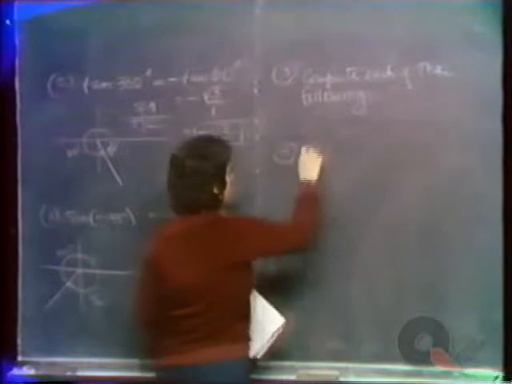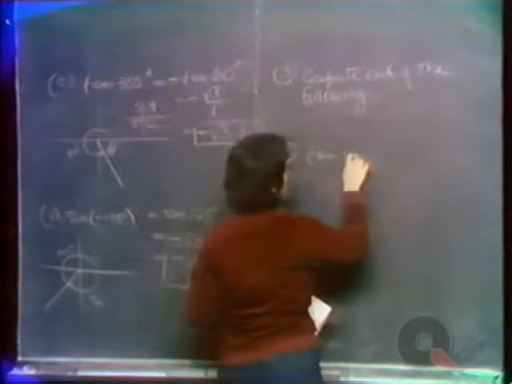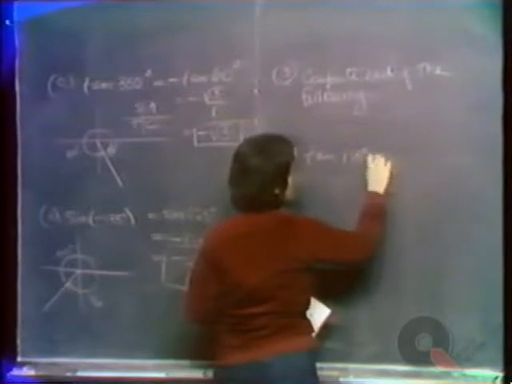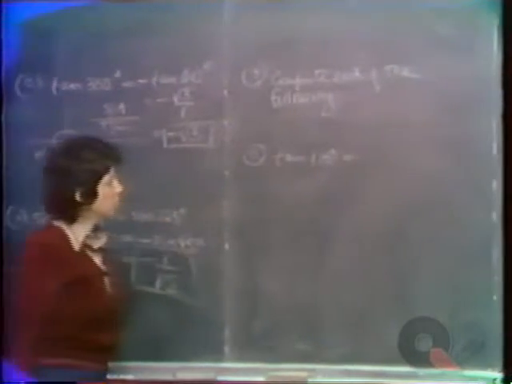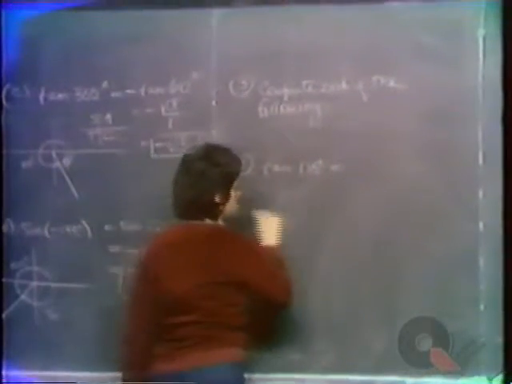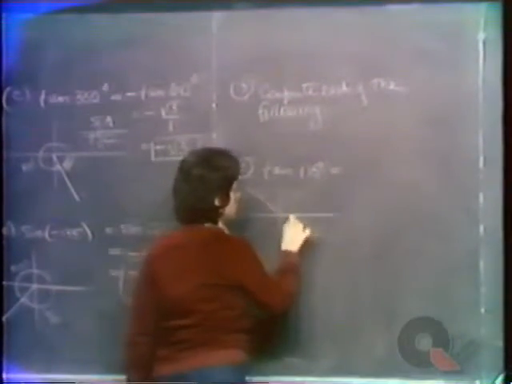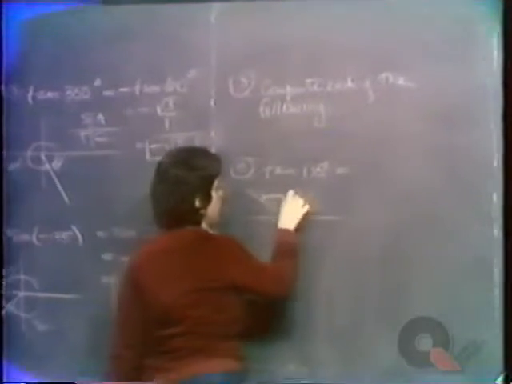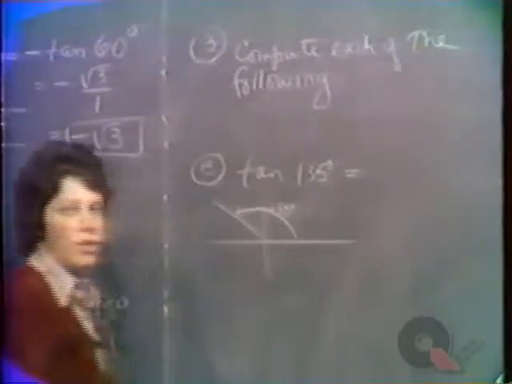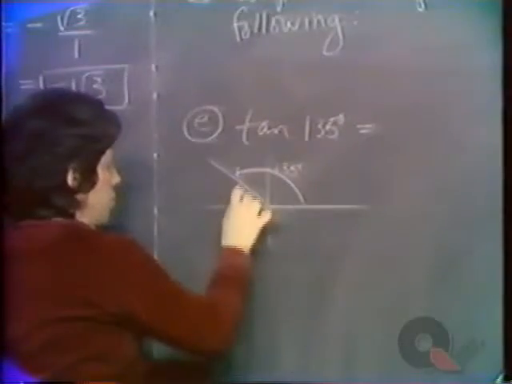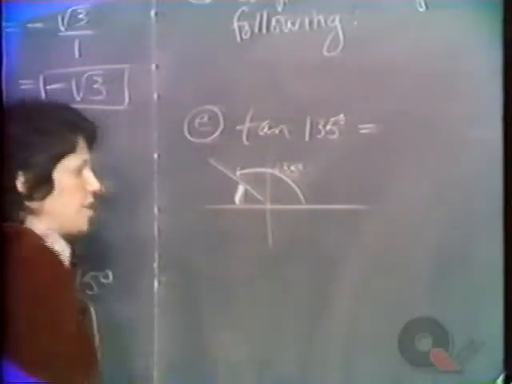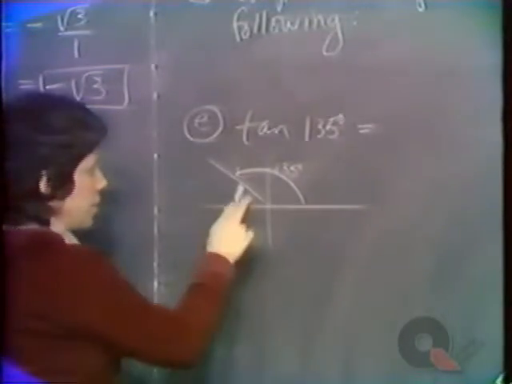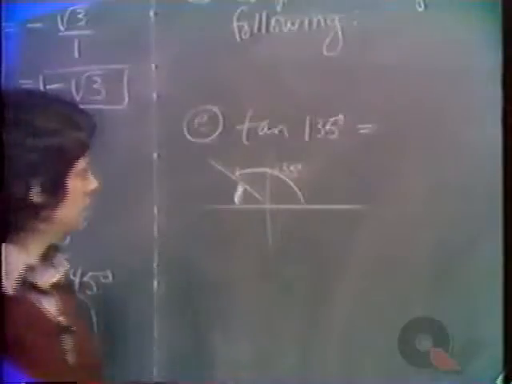In E, the tangent of 135 degrees. Here we have 135 degrees. The acute reference angle would be the distance from the terminal side here to the nearest part of the x-axis, and that, of course, is 45 degrees.